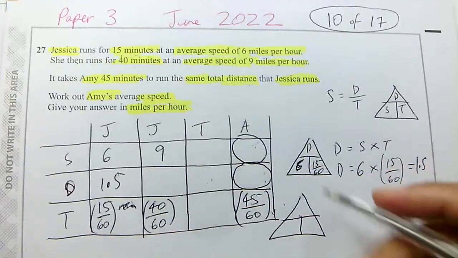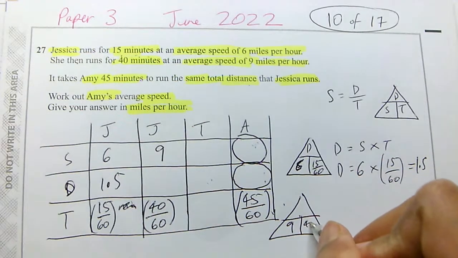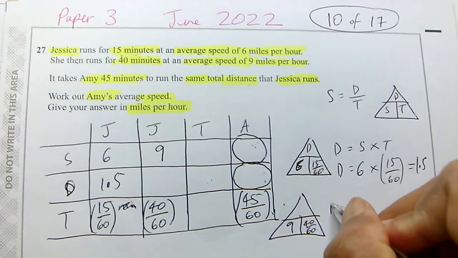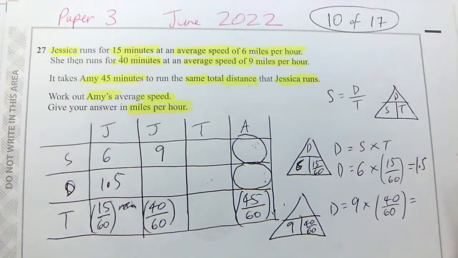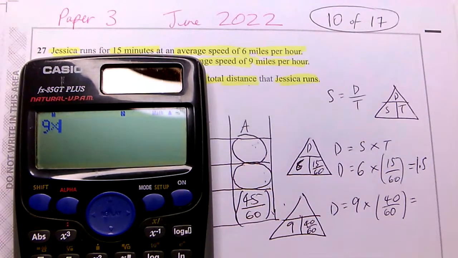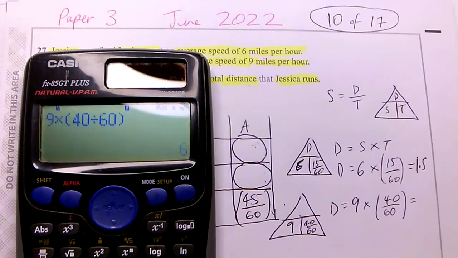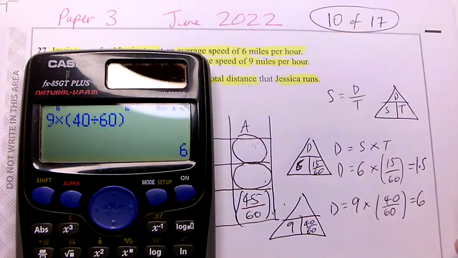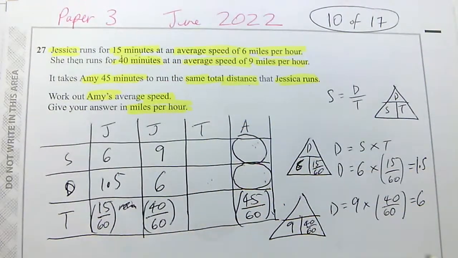And the same thing for the second part. My speed is 9. My time is 40 out of 60. So my distance equals 9 times 40 out of 60. 9 times 40 divided by 60. That gives me 6. So my total is these two added together.